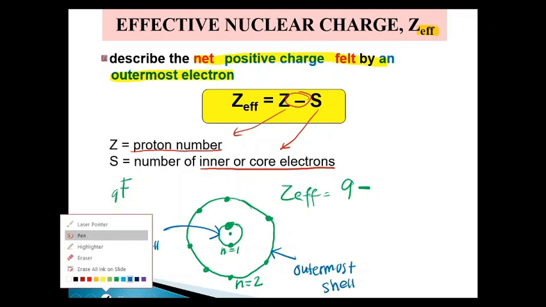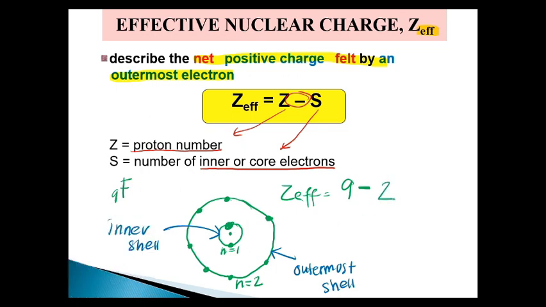So what is the number of inner electrons for fluorine? Yes, that will be 2. So 9 minus 2, we've got positive 7. So the effective nuclear charge for fluorine is positive 7. You have to write this positive sign as well, indicating that there is a net positive charge of ZEF.